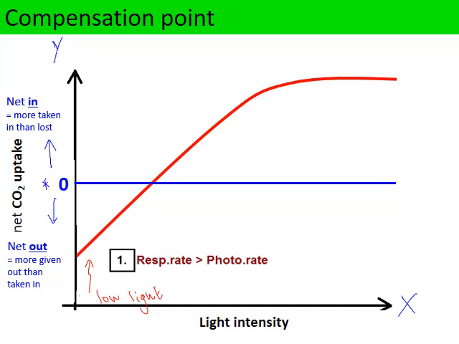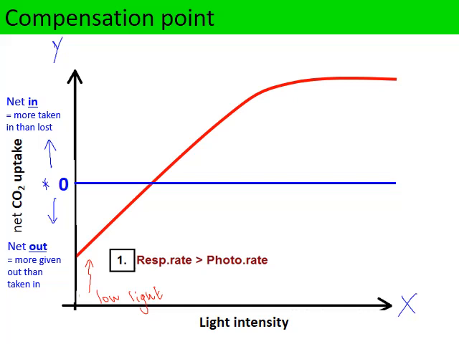So the rate of respiration at low light intensity is greater than the rate of photosynthesis. And if respiration rates are greater than photosynthetic rates, the amount of carbon dioxide being released from respiration is going to be bigger compared to the amount being taken in by photosynthesis.